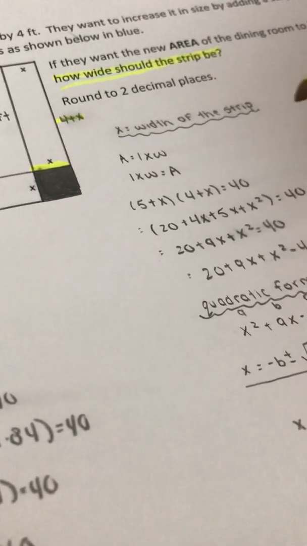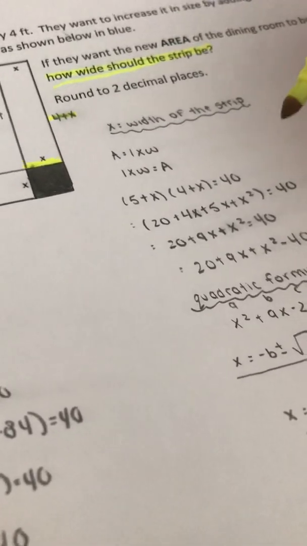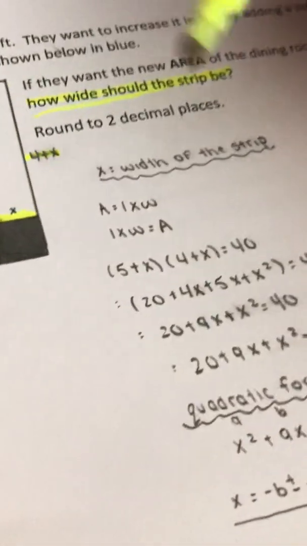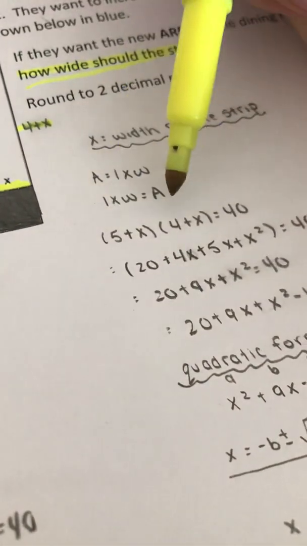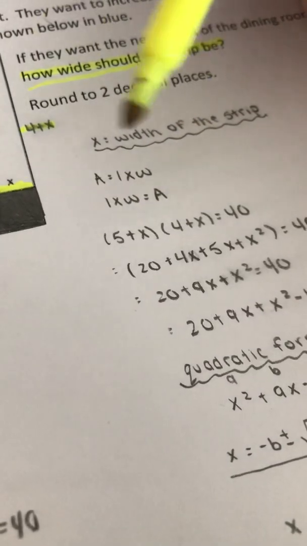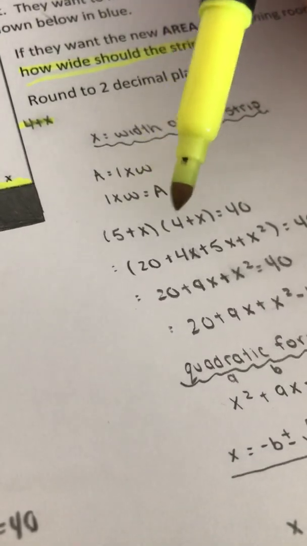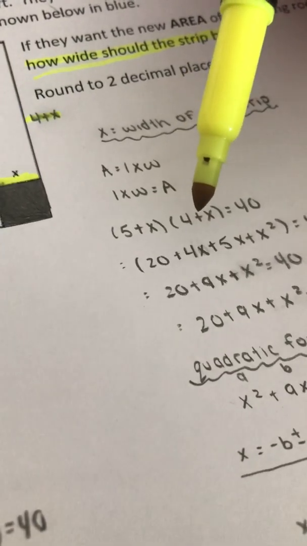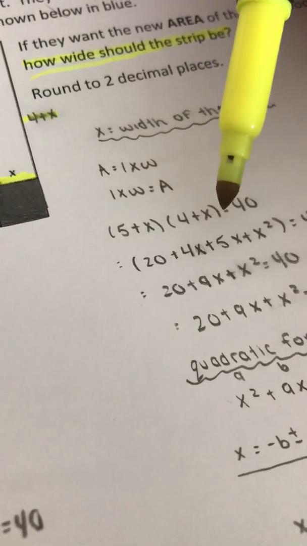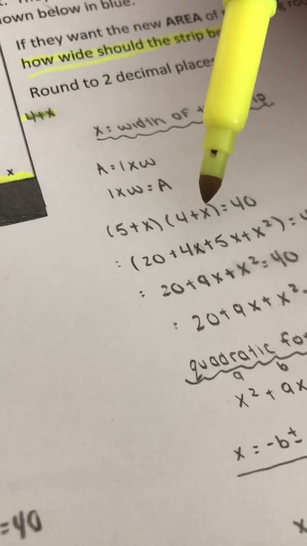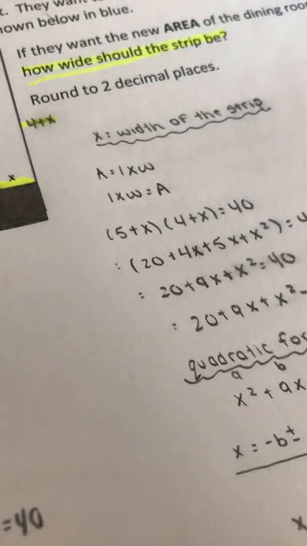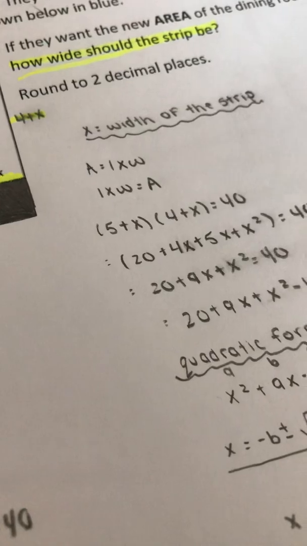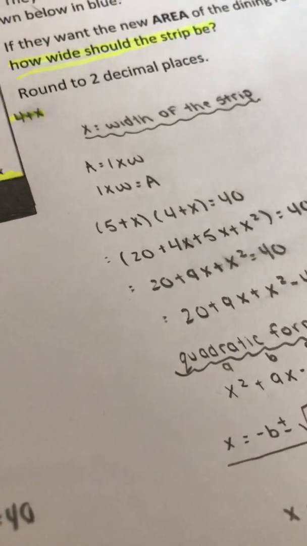And then we have to use FOIL to isolate what x is. To FOIL, you do the first terms and multiply them. So I did 5 times 4, which equals 20, then 4 times x, which is 4x, then 5 times x, which is 5x, and then x times x, which is x squared.